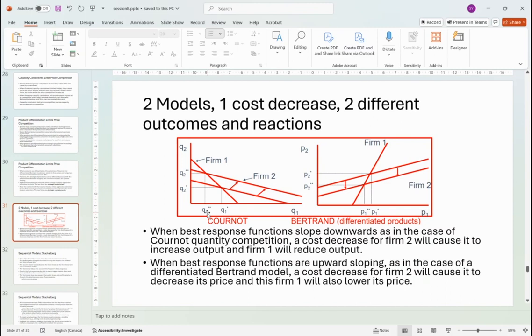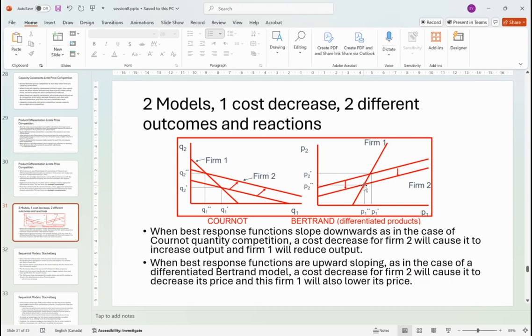But under the Bertrand model, for example, this is the firm 1 best response function, and this is the firm 2 best response function. When firm 2 decides to undercut the price, the best response function shifts downward, right? And then compare the equilibrium. This was the old equilibrium, and this is the new equilibrium after firm 2 undercuts the price, right?